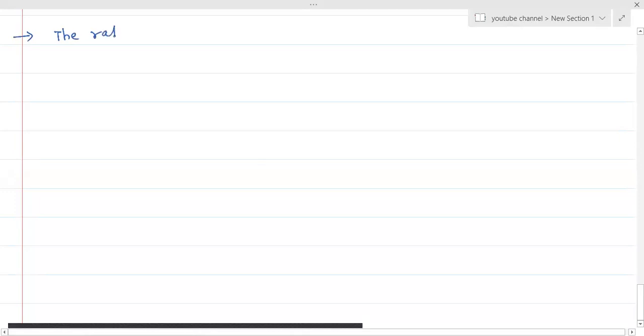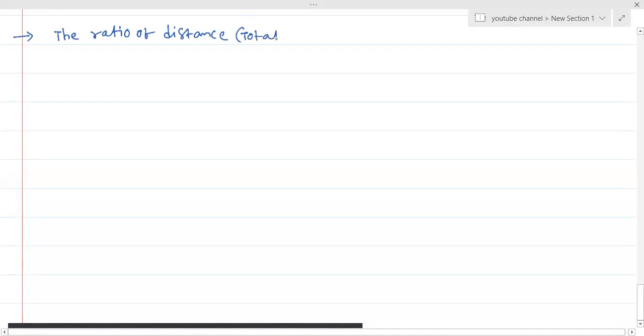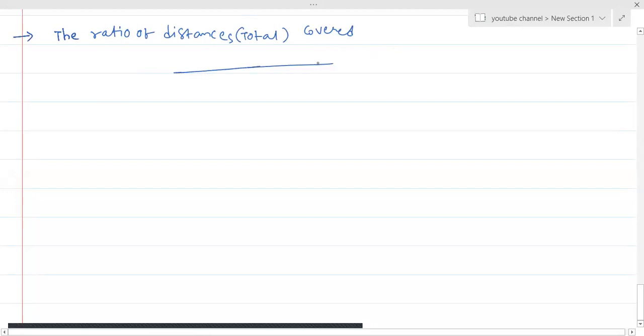After that, we will think of the ratio of total distances covered. The ratio of total distances covered means, for example, if the body starts from here, u equivalent to 0.